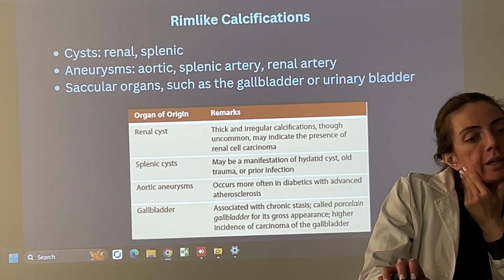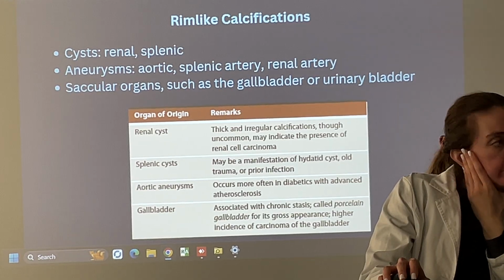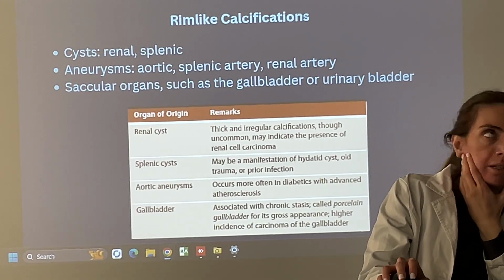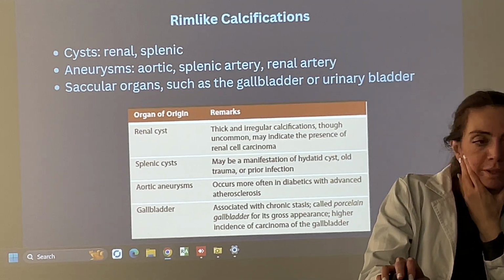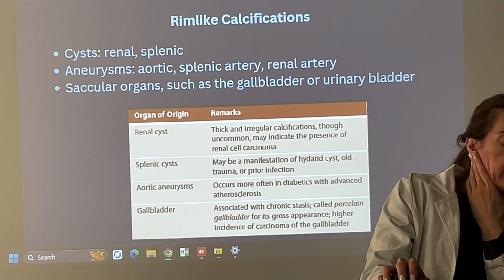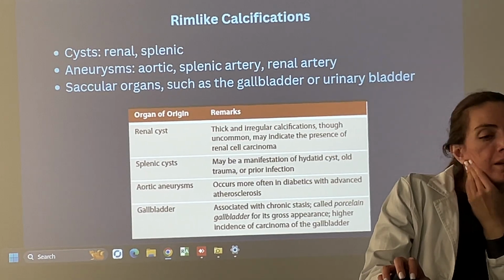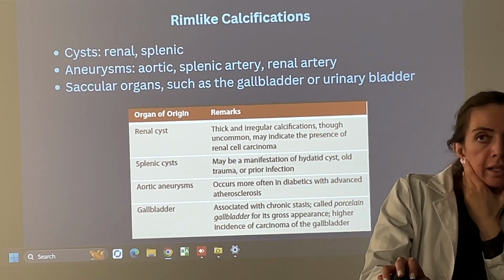Then we have also splenic artery or renal artery aneurysms that may be calcified, and also some saclike organs such as the gallbladder or urinary bladder may contain calcifications.